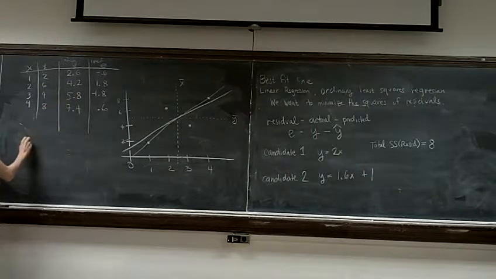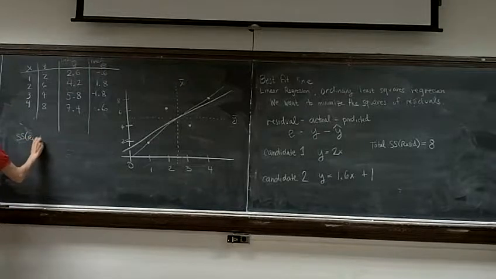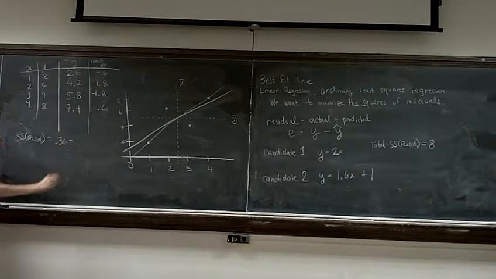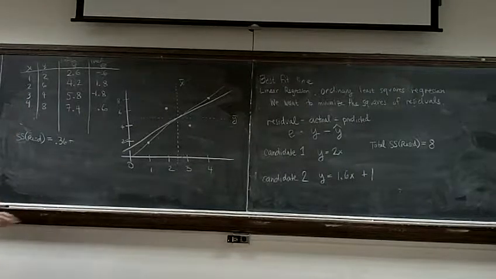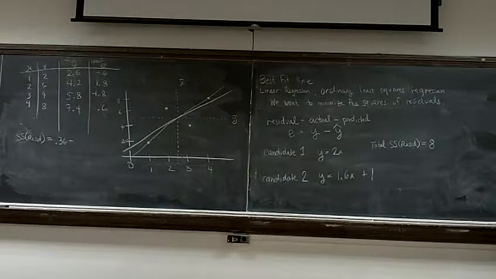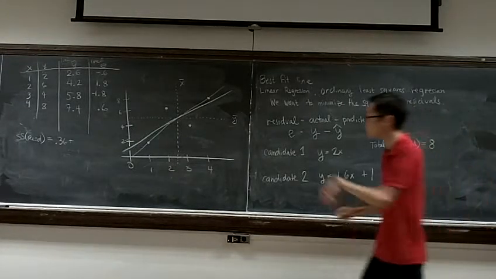So if I square the residuals, so sum of squares residuals will equal 0.6 squared, 0.36, plus 1.8 squared, I don't know what that is, 3.24? 3.2. Yeah, 3.24.